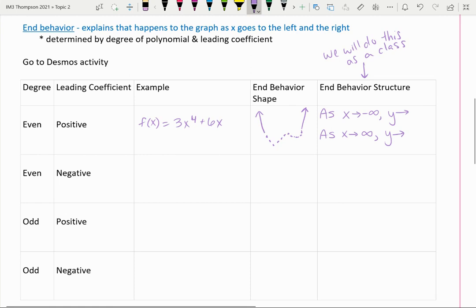So what this says is as x goes to negative infinity, this is left, right? The x-axis is horizontal. So as I go to the left, what happens vertically? It goes up. Up is just going to be denoted by a positive infinity.